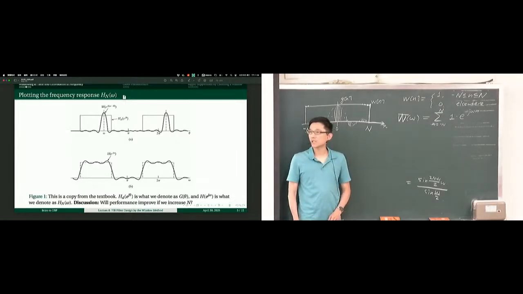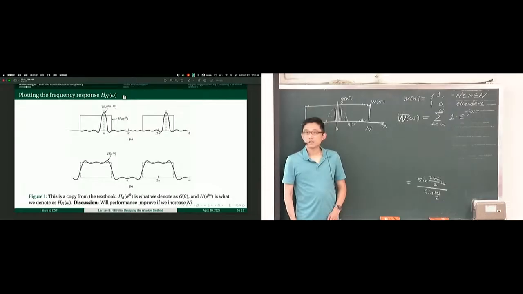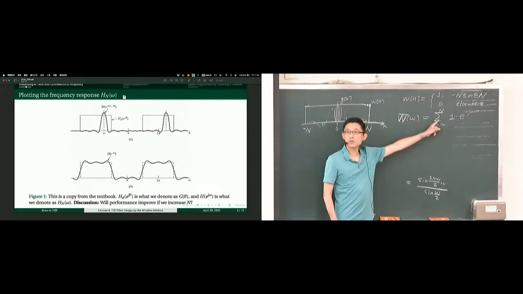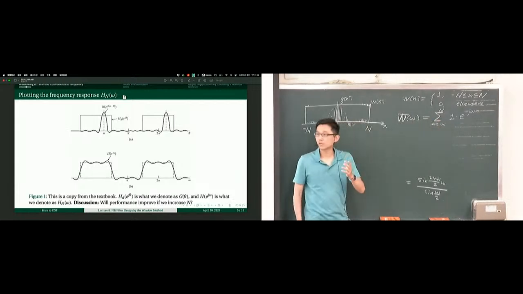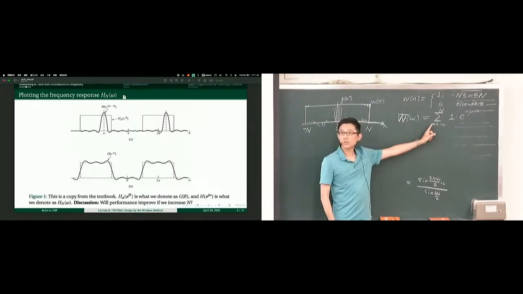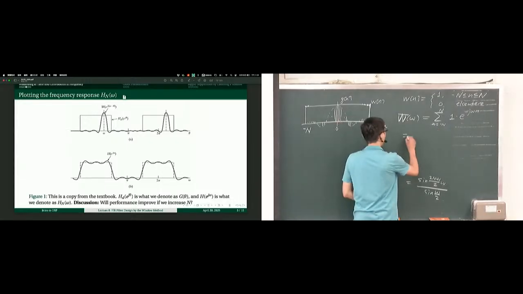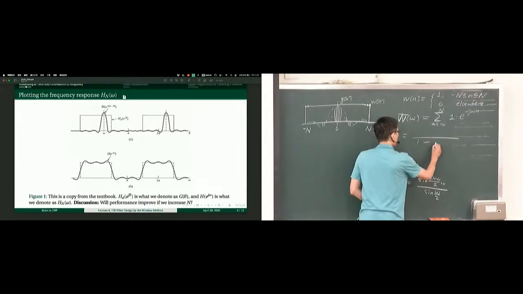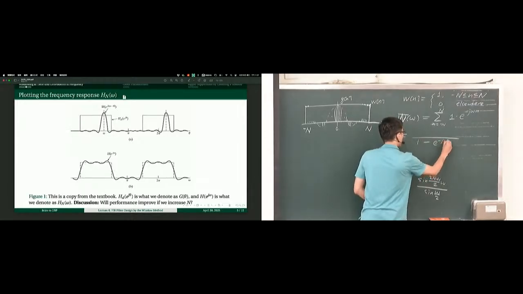Any suggestion? I suggest that this summation is a sum of a geometric sequence, and the common ratio is e to the minus j omega. So we just apply the formula. This summation should be equal to the first term over 1 minus the common ratio.